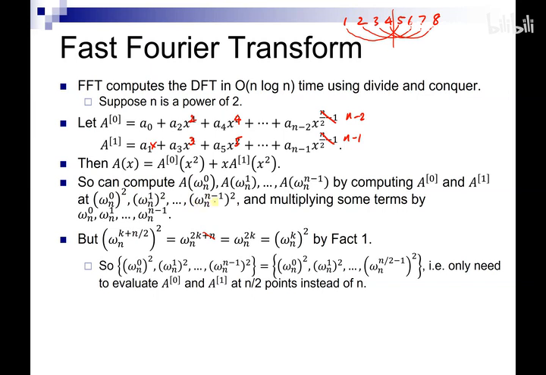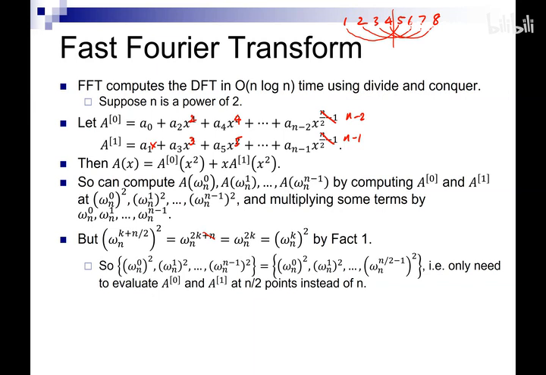So instead of there being n different values, there are only n divided by 2 different values, because pairs of these values are equal to each other. This is great, because instead of evaluating a0 and a1 at n potentially different values, we just need to evaluate these two at n over 2 values. Now our problem becomes much smaller.